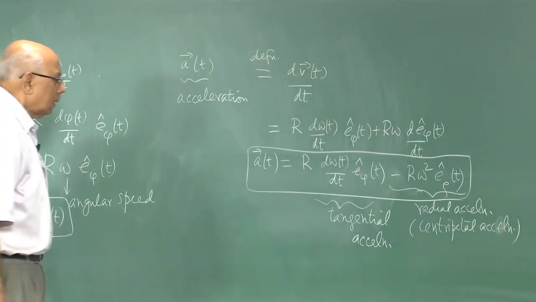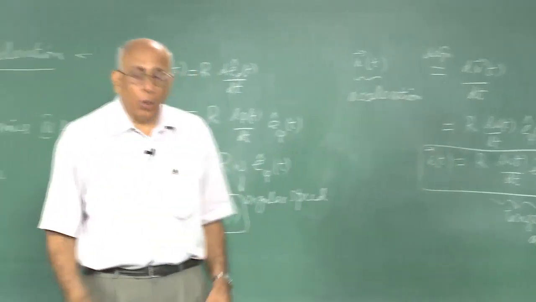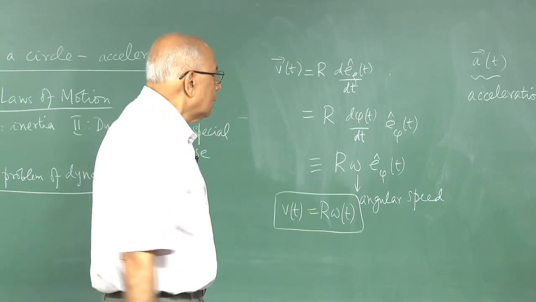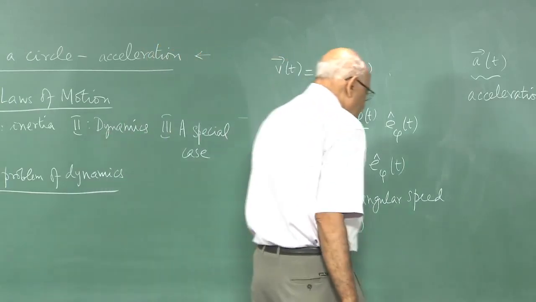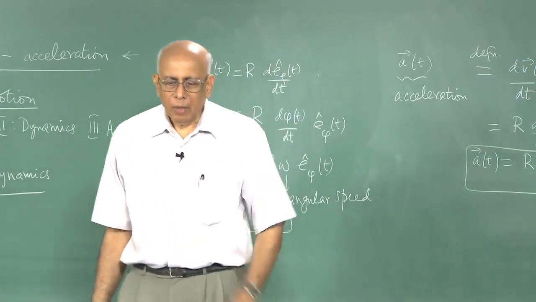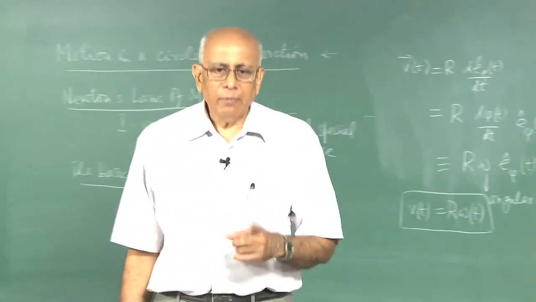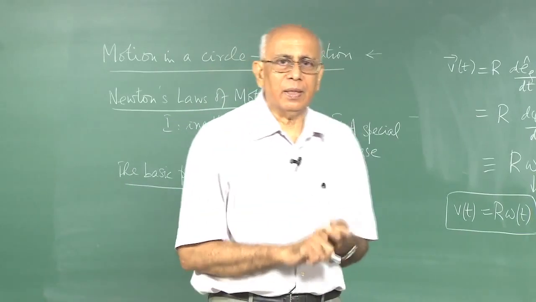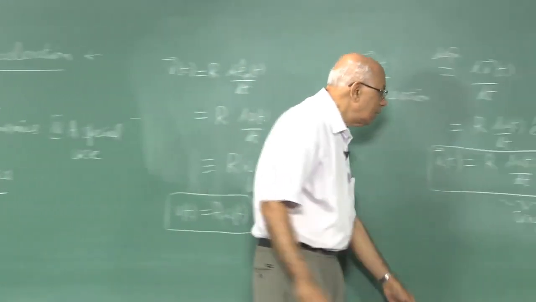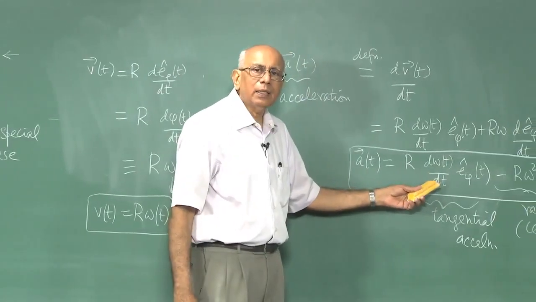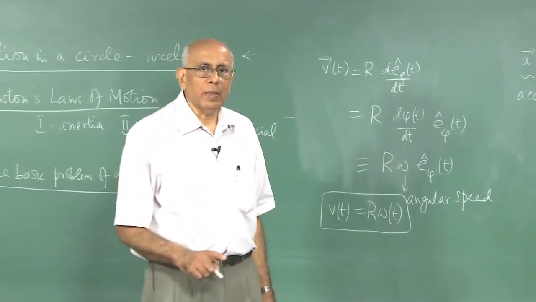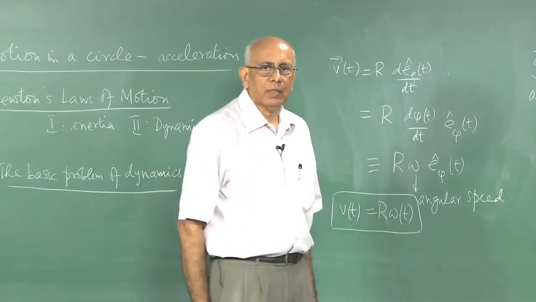And it exists always. Even if omega is a constant, it still exists. Now a little paradox here. This is immediately telling you something which is a little counterintuitive. To keep an object moving in a circle, you need to have a force that is directed towards the center at all times. You might also have a force that is tangential, which will then cause a change in the angular speed. But even to maintain it at constant angular speed, you need a force directed towards the center.